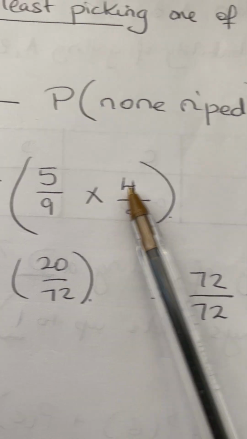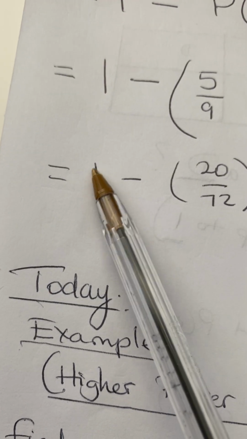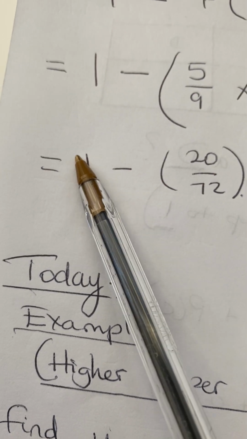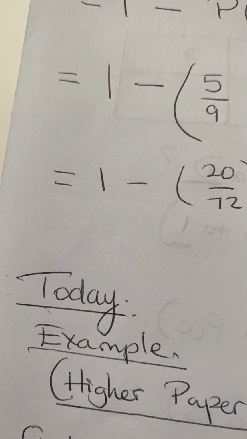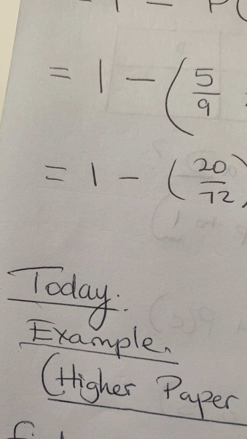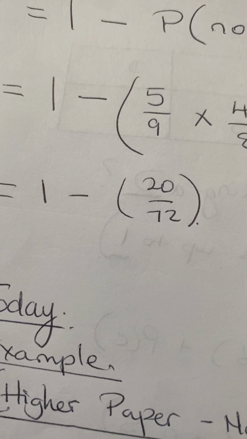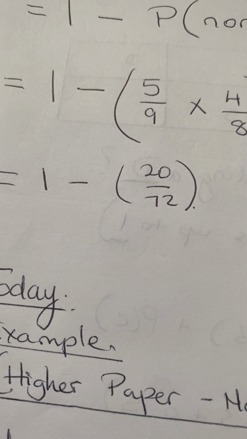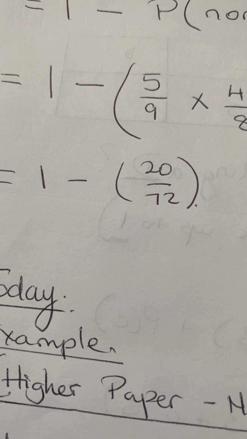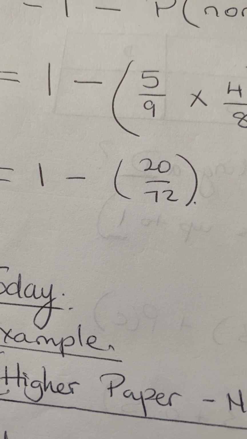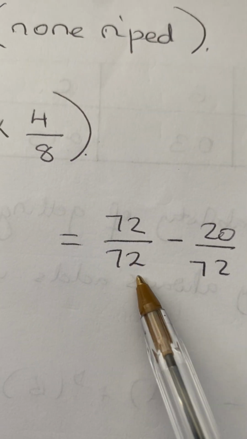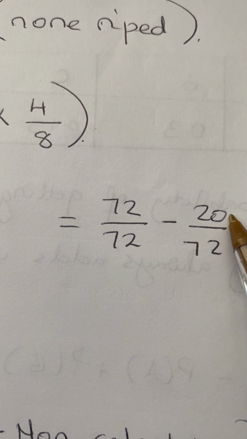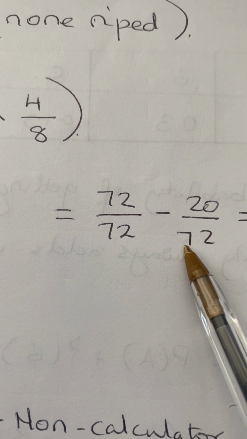Which is 20/72. Now, in place of 1, we can write 72 out of 72 because it's identical. We've done videos on identical expressions and stuff. So 72/72 minus 20/72.